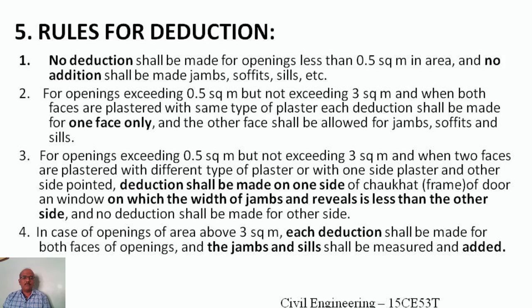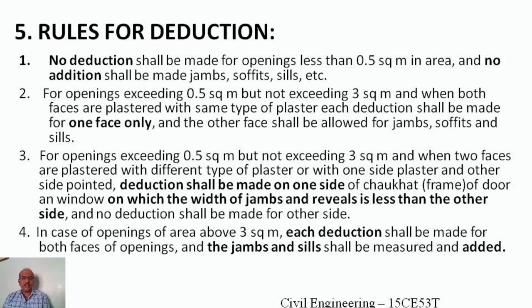Or if you are doing inside plastering and outside pointing, in such cases where the size of the jambs, soffits and sills are less, on that side the deduction is made, and on the other side no deduction is made, and it is allowed for the plastering of jambs, sides and soffits of the opening.